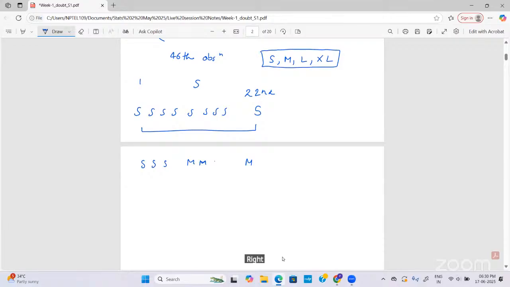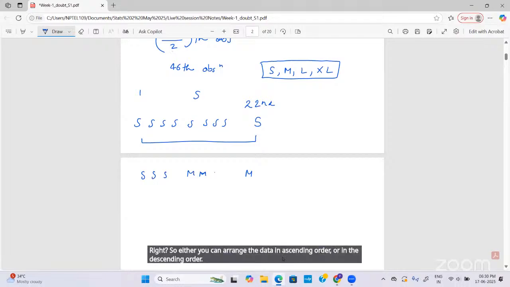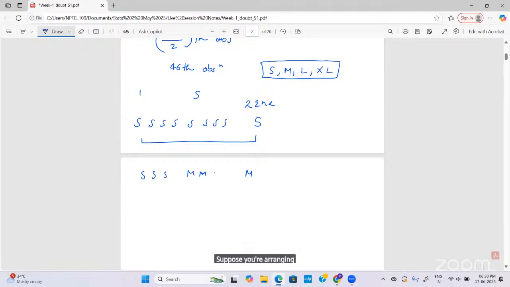Either you can arrange the data in ascending or descending order. Suppose you are arranging it in ascending order, and this is the 22nd position. This is S, which is given in the option, right? Before the 22nd position, all these positions will be occupied by small size only.